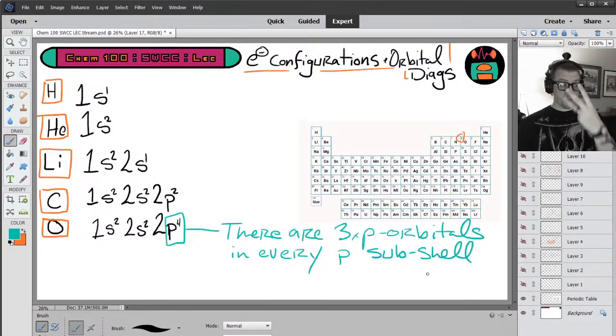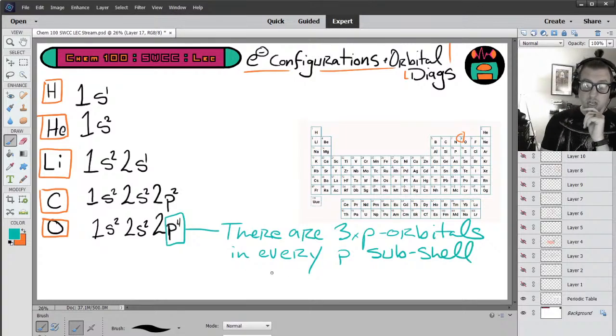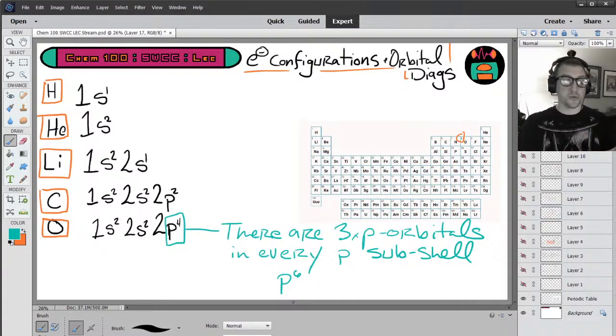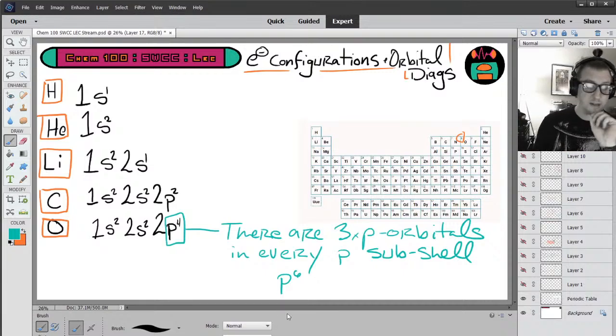So because there are 3 p orbitals in every p subshell, you can see up to p6, because each of those orbitals holds 2 electrons, all right? 3 p orbitals in every p subshell. So in electron configurations, you could see anywhere from 1 to 6 electrons in any given p subshell.